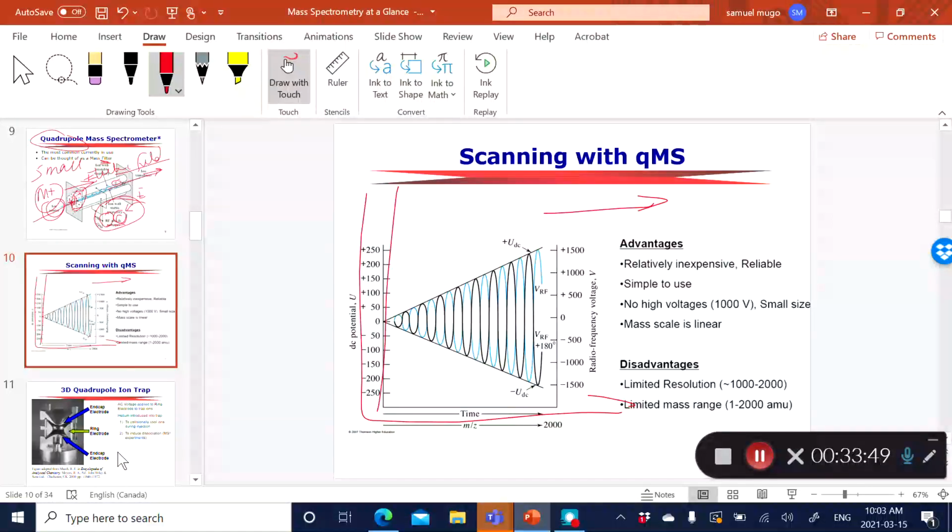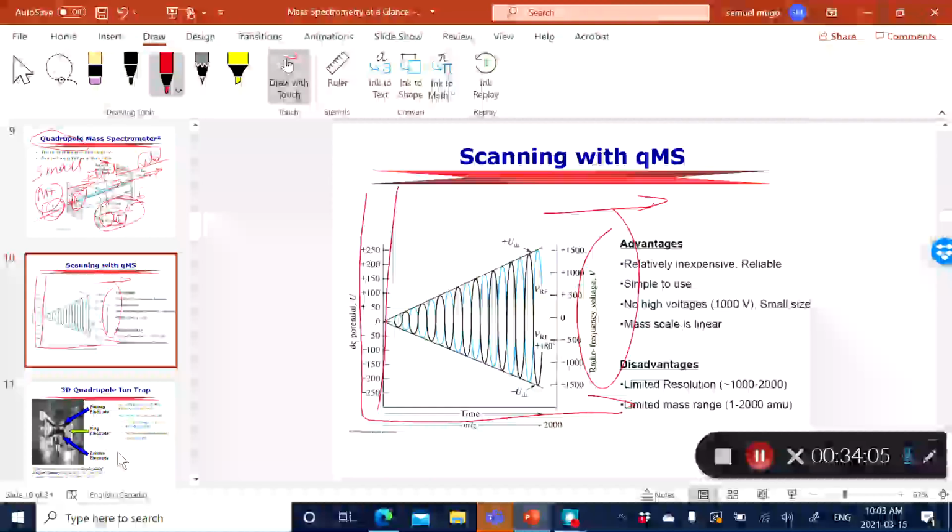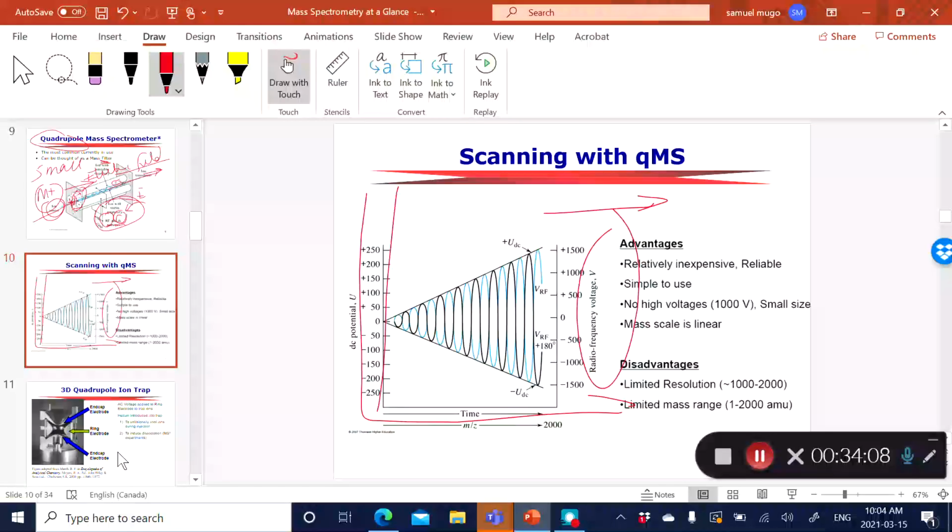Again, based on the DC voltage and the radio frequency voltage that I'm applying. And again, their deflection is going to be based on the masses of the ions. So again, the masses of the ions determine at what point they reach the detector, based on the push and shove coming from the radio frequency and the DC potential.